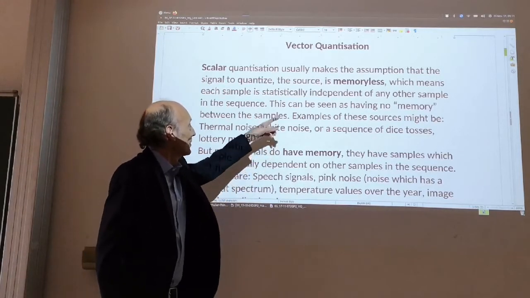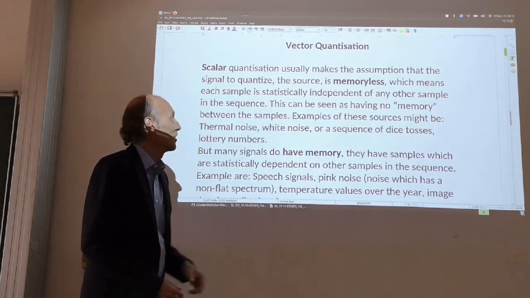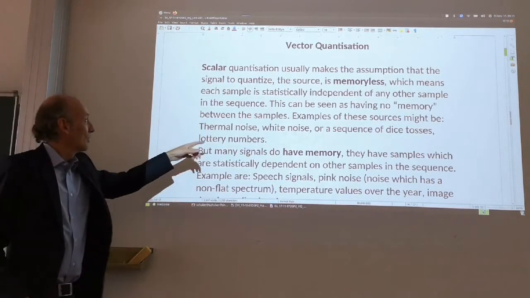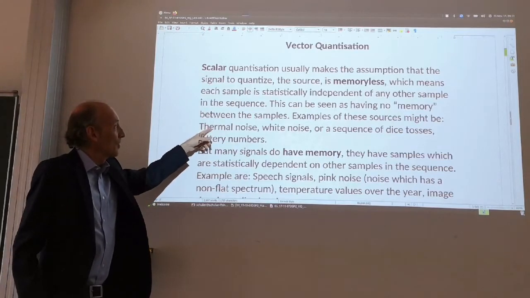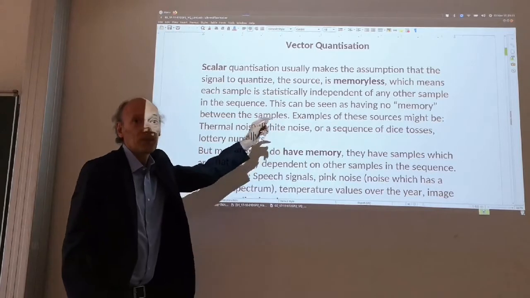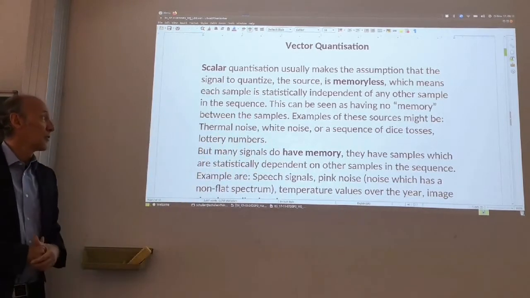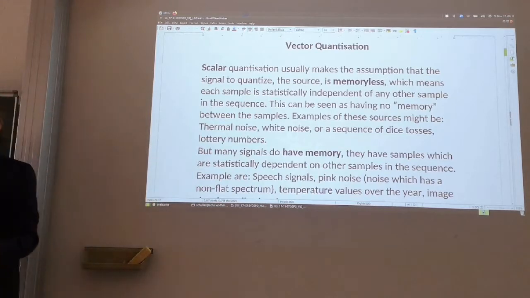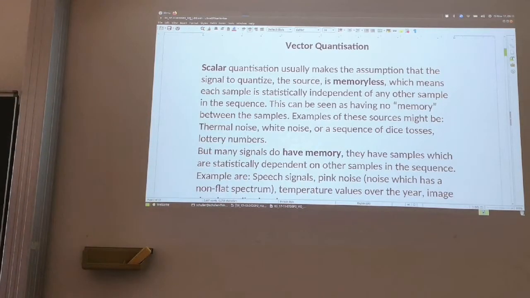So indeed, this assumption of having no memory often is not quite true. Examples of no memory are, for instance, white noise, or a sequence of dice tosses or lottery numbers. If you throw a dice, then the number you get is totally independent of the previous number you get.